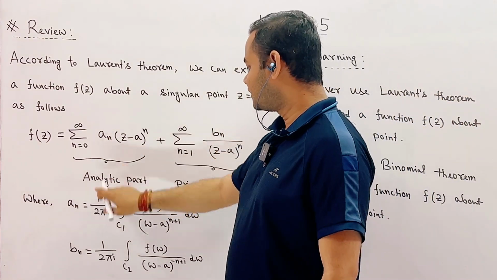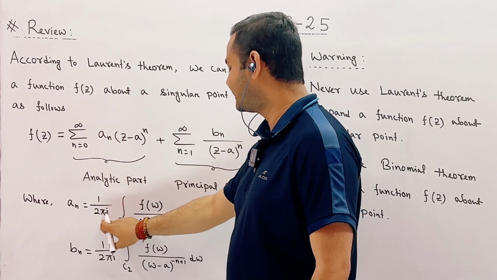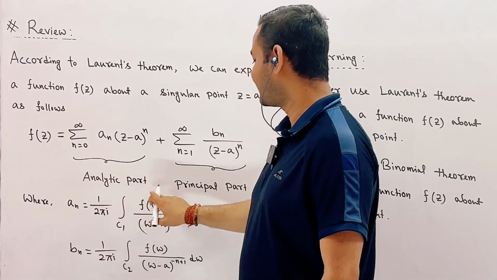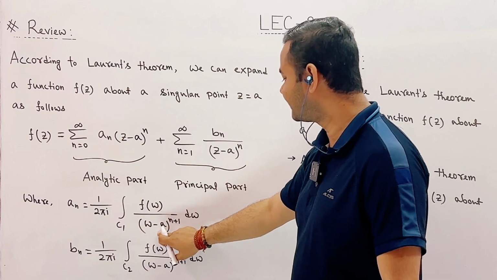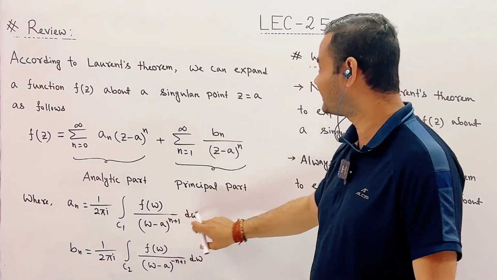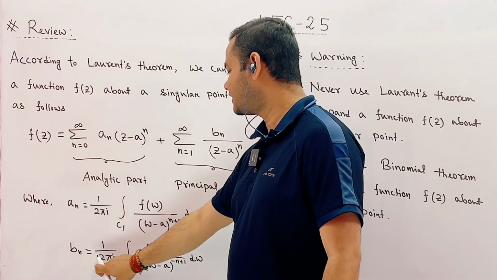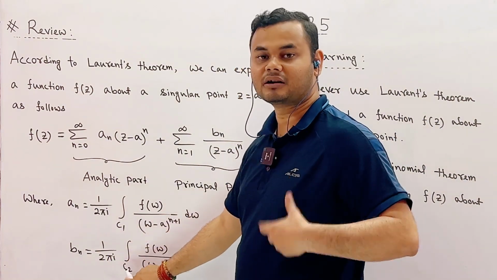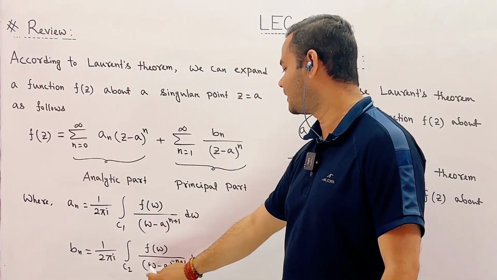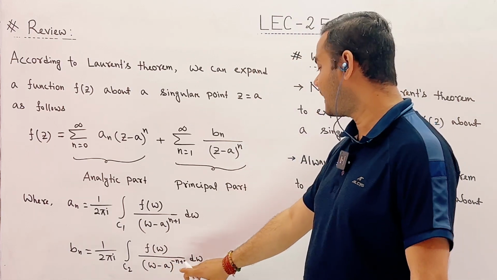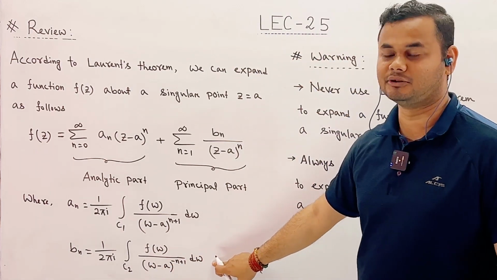Here a n is equal to 1 by 2 pi i integration along curve C1 f of w divided by (w minus a) to the power n plus 1 into dw, and b n is equal to 1 by 2 pi i integration along curve C2 f of w divided by (w minus a) to the power minus n plus 1 into dw.